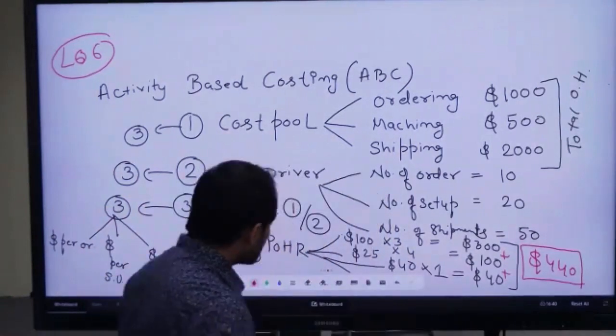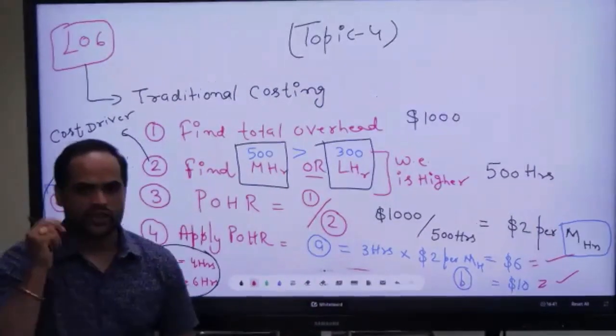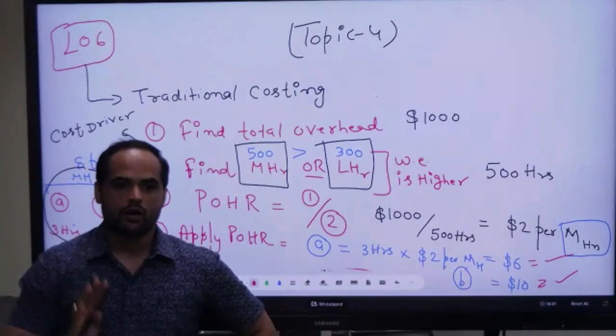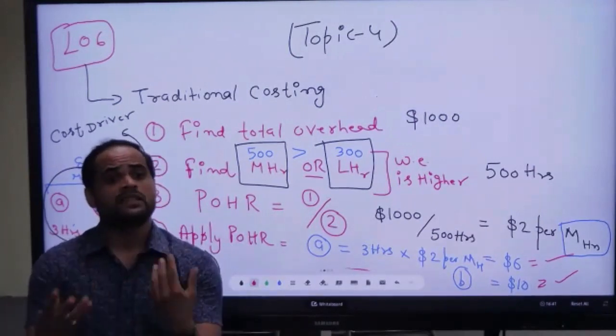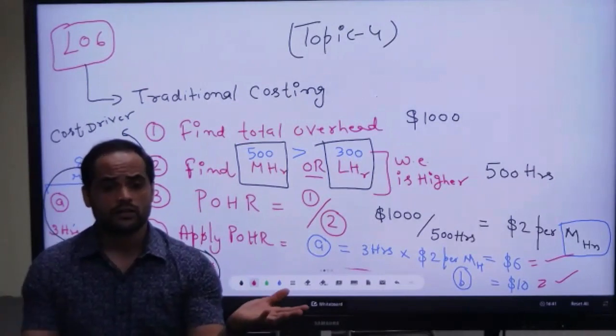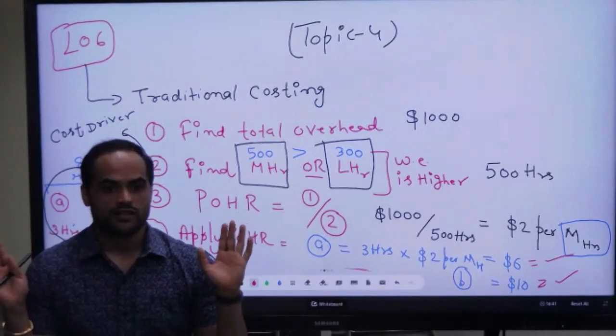But traditional costing only focuses on 2 things, machine hours or labor hours. No matter whether you have an ordering cost, shipments, or a number of square feet, traditional doesn't really focus on them.